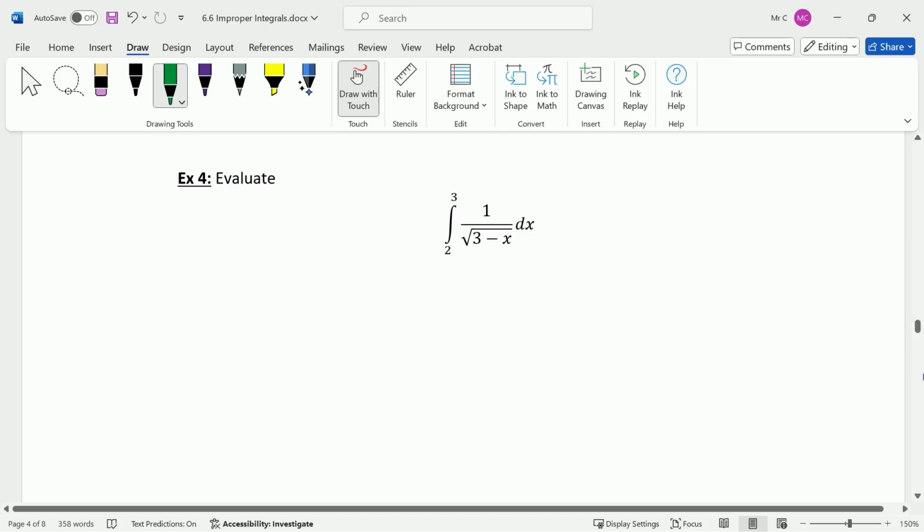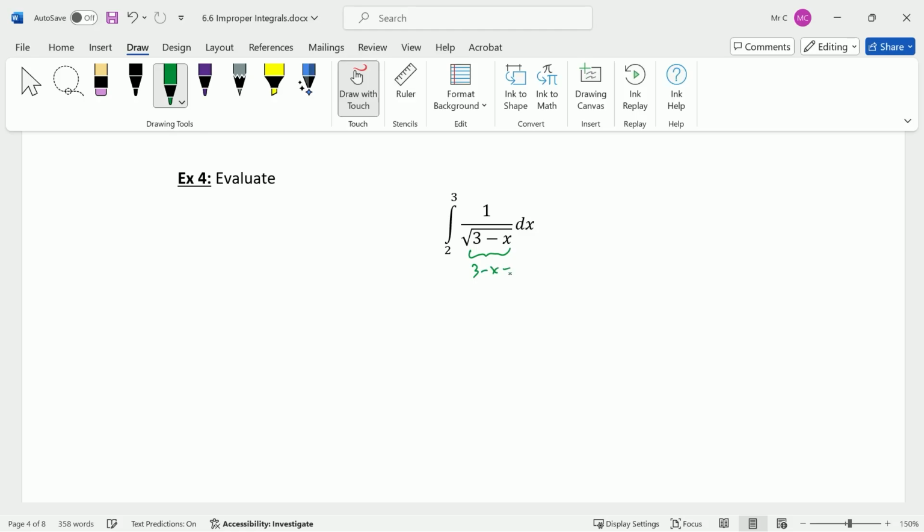So we can't divide by 0, and we can't have a natural log of 0. We have to check the domains of trigonometric functions, just all the normal stuff. In this case, it's pretty obvious that we have a discontinuity where 3 minus x can't be 0, so x can't be 3.